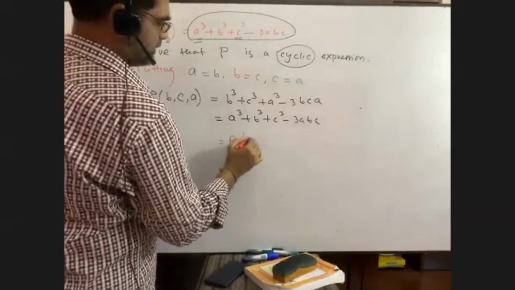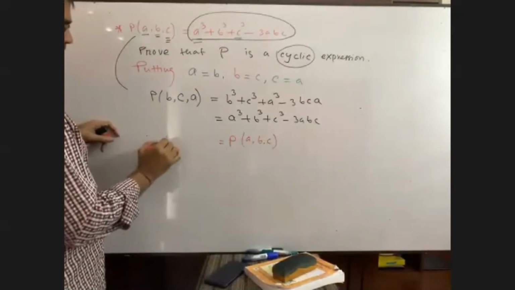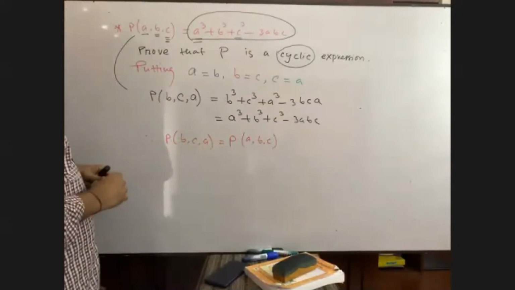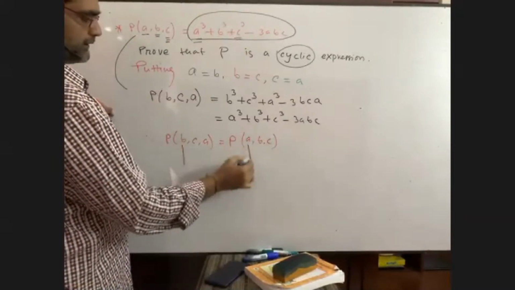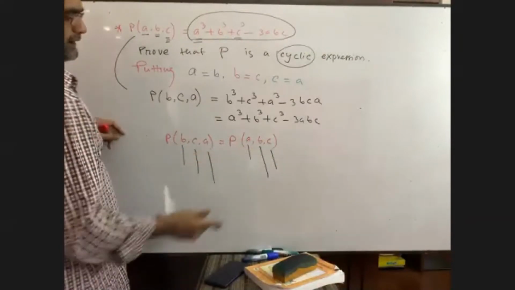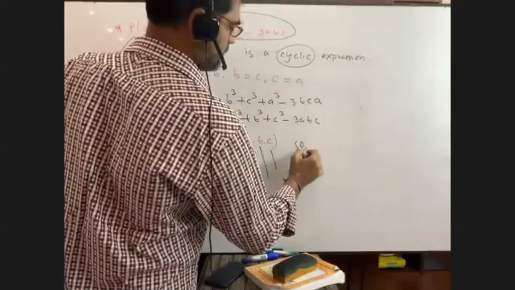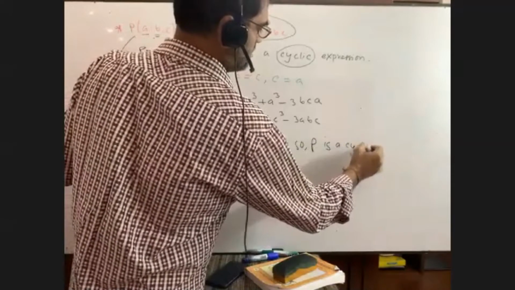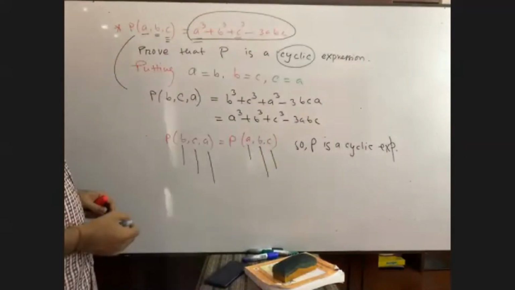So it was P of B, C, A. Have you seen? For B it is A, for C it is B. This procedure is known as a cyclic expression. So we can write that P is a cyclic expression.